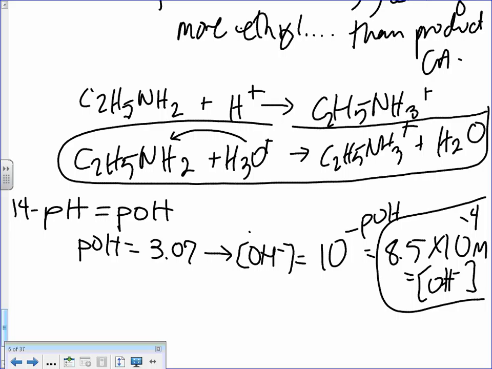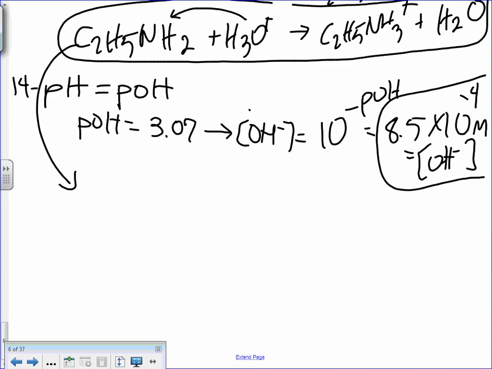Same thing here. So this is the reaction I'm going to put, not in an ICE box, but in a BDA table. That's how I'm starting. You would have started with how many? Oh, sorry. ICE boxes use what unit? Molarity. BDAs use moles. So before we start, we've got to get moles, right? They gave you concentrations of 0.5 of the ethylamine and 0.5 liters.